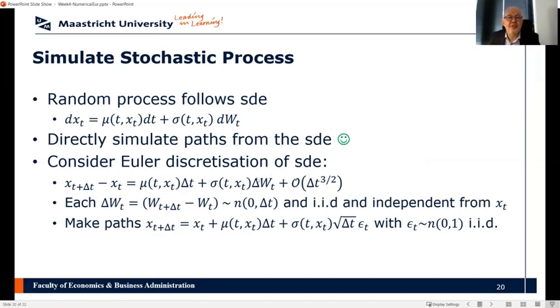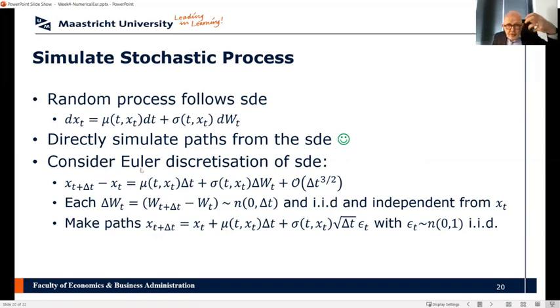And this Brownian increment is really nice to work with, because, following the definition, it is a normal random variable with mean 0 and variance delta t. Because I'm taking a step into the future, all these increments are IID, and the increment from t to t plus delta t is also independent from the X(t) process.